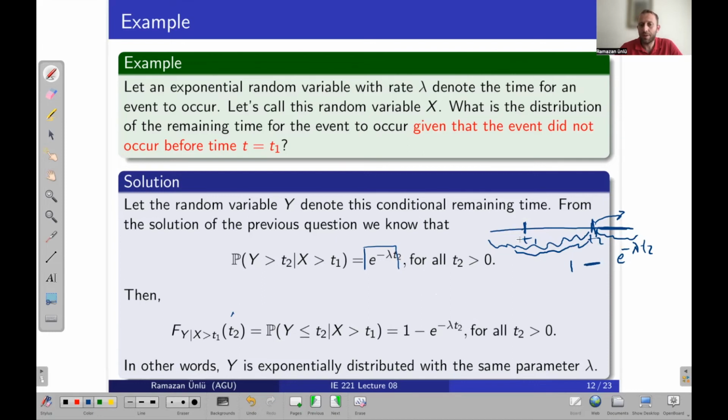So I can simply write that the probability of y less than or equal to t2 is simply equal to 1 minus e to the minus lambda t2. What is this one? This is the CDF of the exponential distribution, right? Then I can say that y is exponentially distributed with the same parameter lambda.